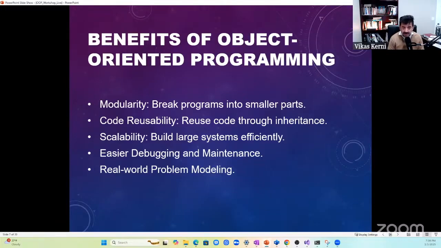analysis, design, and programming. In my experience, I have worked on systems where I was not using object-oriented programming. Basically, we were doing more procedure-level programming. One thing I have seen is that when you analyze classes, find out classes, add methods to the classes, find out mechanisms, generally your programs are split into smaller parts, and the benefit of smaller parts is that you can reuse your code.